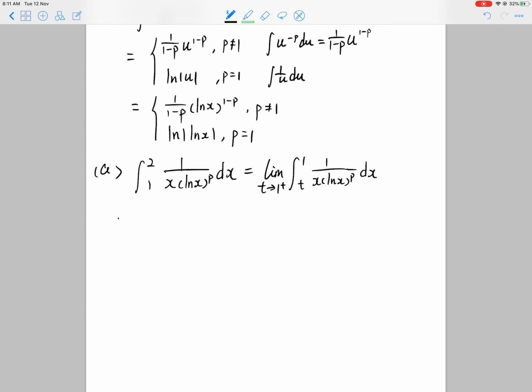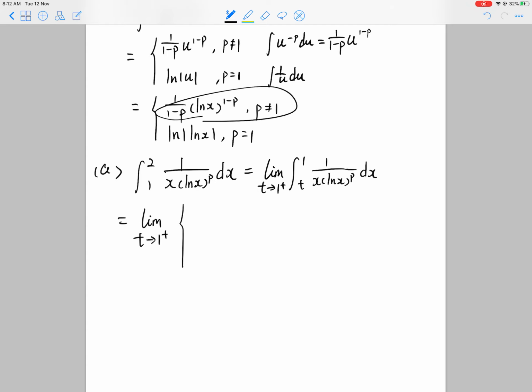Okay. Then for this integration, because we already have the result, it is the limit as t approaches 1 from the positive side of a piecewise function.